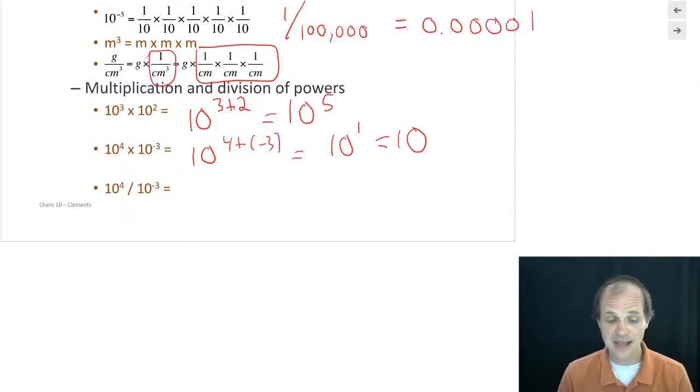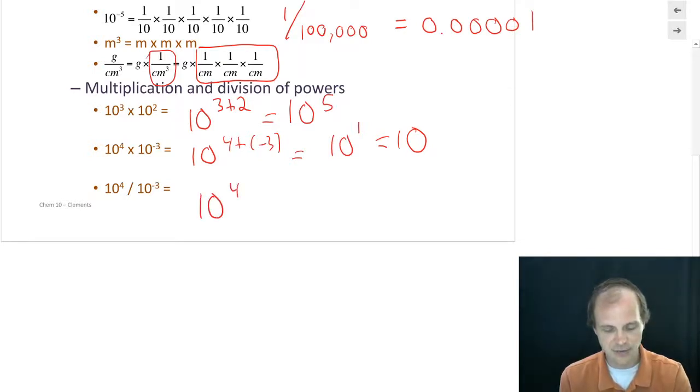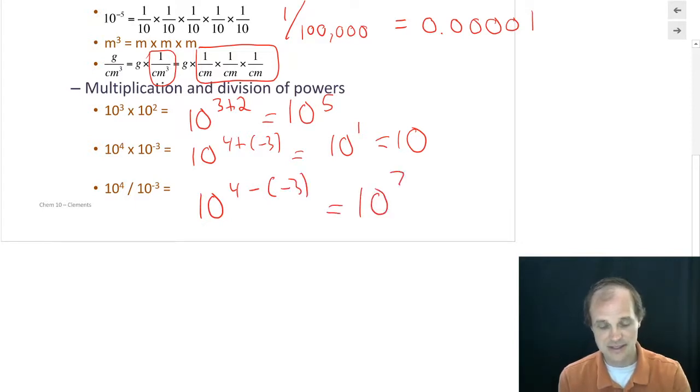And then dividing these powers, I expect you to be able to do that as well. Mostly in this class, your calculator is going to do that work, but it's also good to be able to double check what your calculator puts out to make sure that it's what you think it should be putting out. All right, when you divide them, you subtract them. So we've got 10 to the 4th minus minus 3, and that's going to be actually 10 to the 7th.